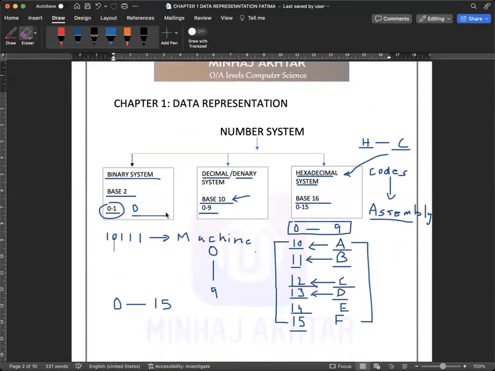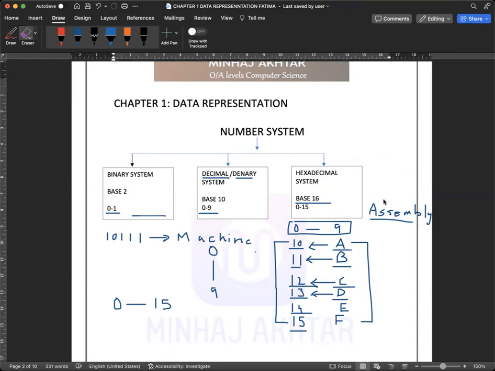Okay. Now, starting from chapter number 1, data representation. In data representation, we know that our computer is based on a language of binary. Binary means 0 and 1, right? So computer is a machine which only understands this language that's called binary or machine code, right? This is very difficult for humans to understand.